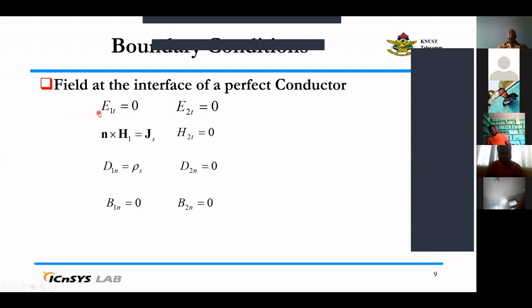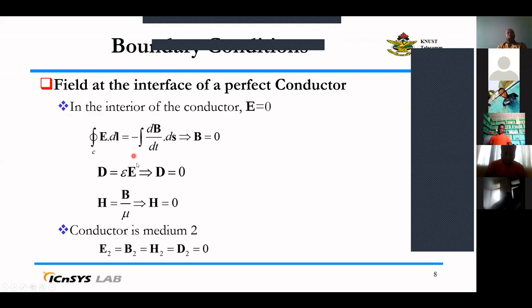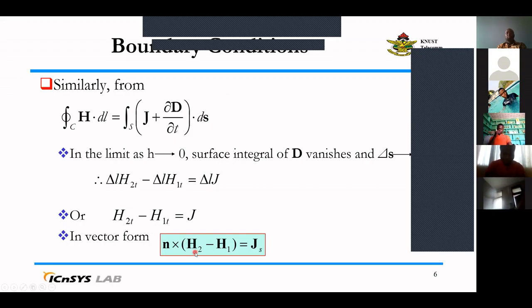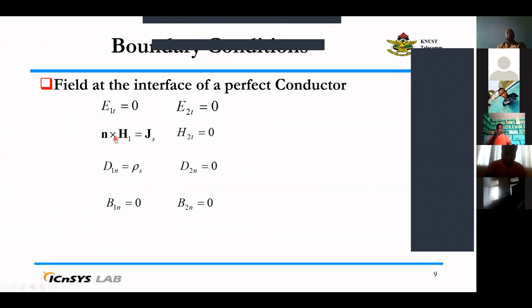So for the field at the interface of a perfect conductor, you remember in the general case, the tangential component in medium 1 must be equal to the tangential component in medium 2. But the tangential component in medium 2 is 0, so the one in medium 1 must also be equal to 0. But for H, the difference equals J. Therefore, if that in medium 2 is 0, then N cross H1 must be equal to JS in medium 1.